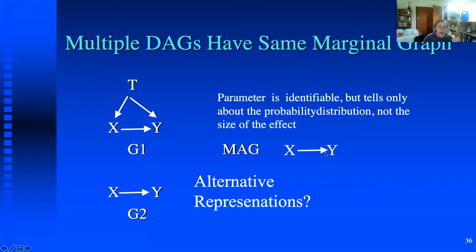It's going to be a directed edge from X to Y, because remember that the directed edge simply means that X is an ancestor of Y. Unfortunately, that looks just like G2, which doesn't have confounding. So that means that both G1 and G2 have the same MAG. They have the same X to Y with a directed edge between them.